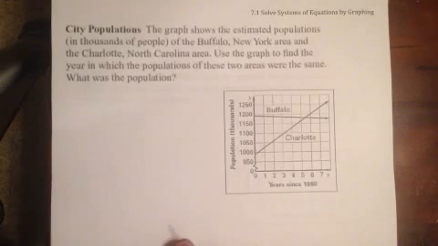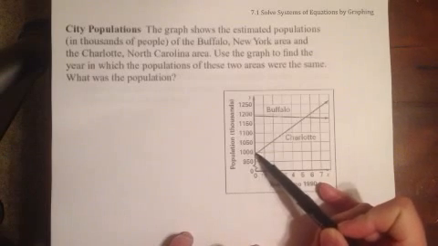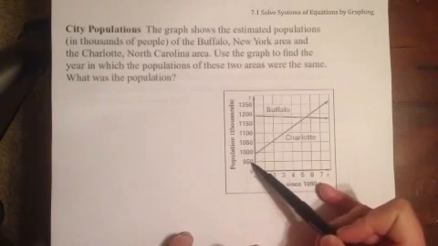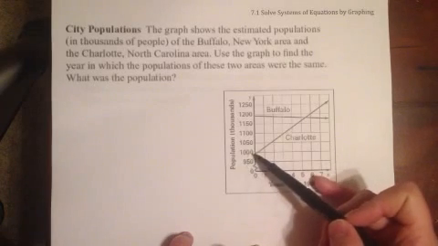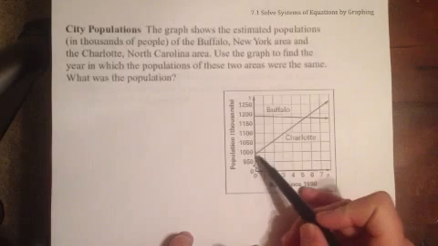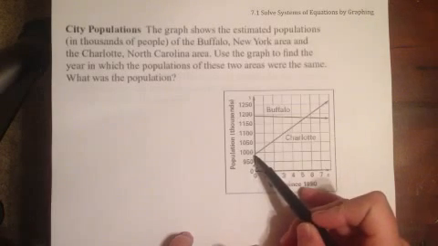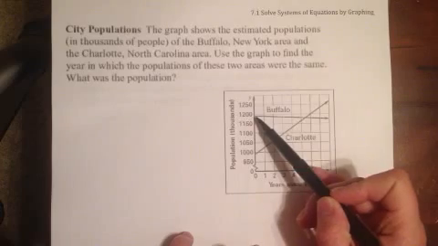Knowing what we know about graphs of lines, Charlotte is starting right here, 950,000 is right here, so 1,000 thousands would be 1 million. So in 1990, Charlotte is just under 1 million people, and Buffalo is just under 1.2 million, or 1,200,000.